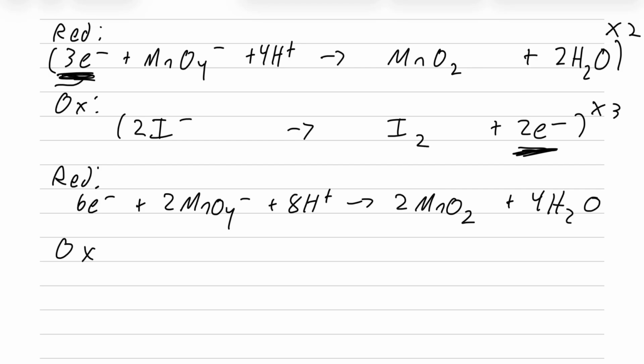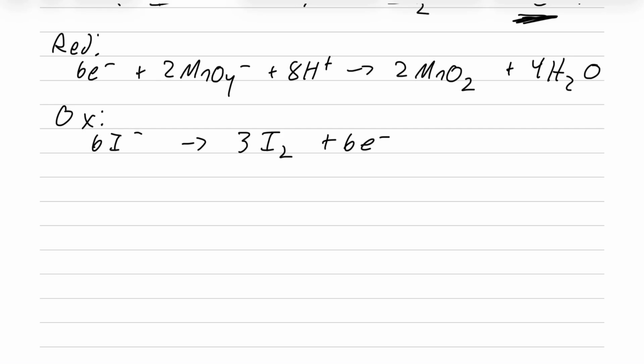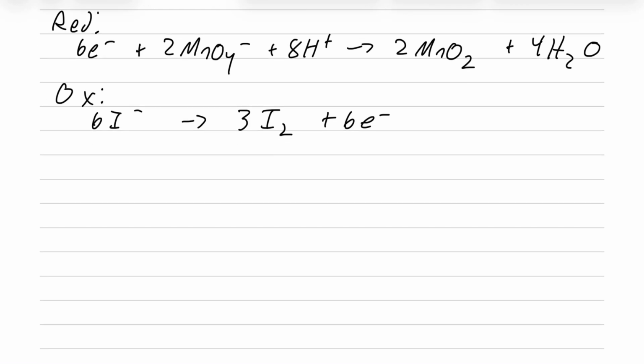In our oxidation half, we have 6I minus going into 3I2 and 6 electrons, of course. So just clean this up a bit. Now we have truly fully usable half reactions.